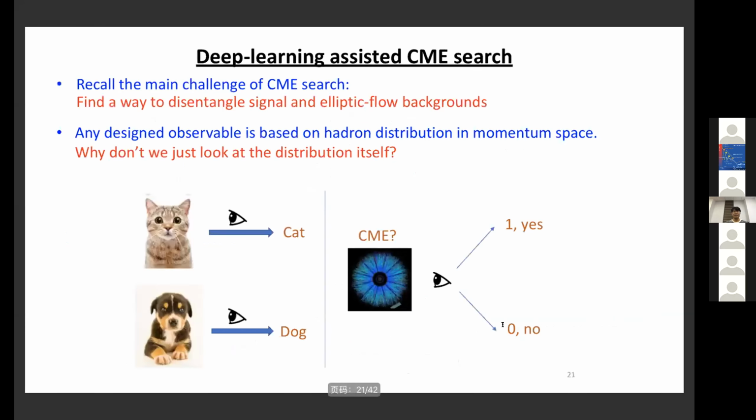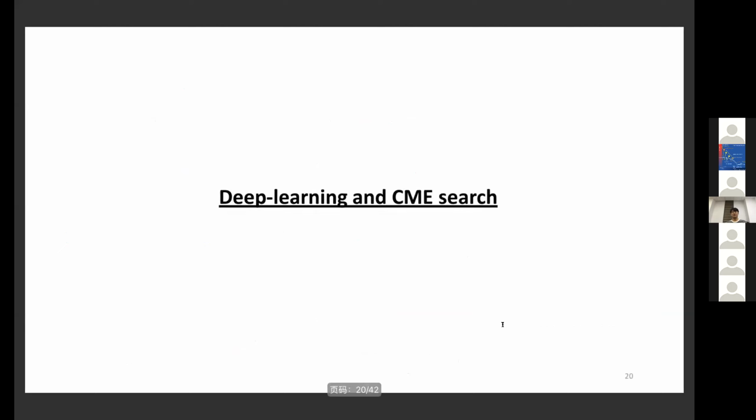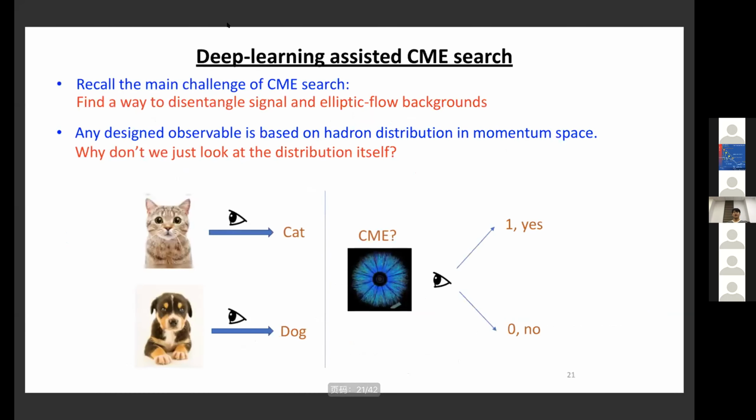Cool. Okay, so let me turn to another topic. It's about the CME search using deep learning assistance. Let me recall that the main challenge of the CME search is that we need to find a way to disentangle the signal from the elliptic-flow-driven background, which is very difficult.